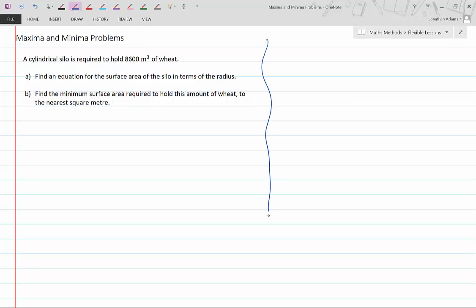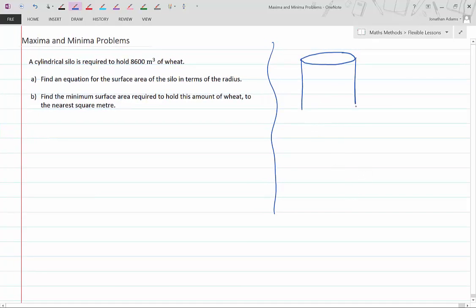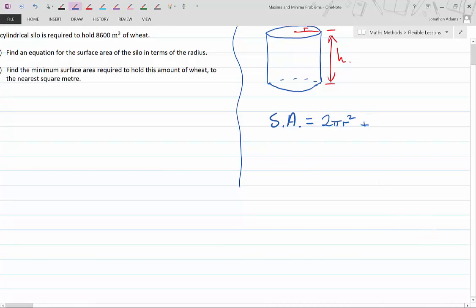Before we go on, it's worth reviewing what we know about cylinders. The two defining characteristics are the radius and the height. The surface area has two circles, so it's 2 pi r squared, plus the curved surface around the middle, which has area 2 pi rh.